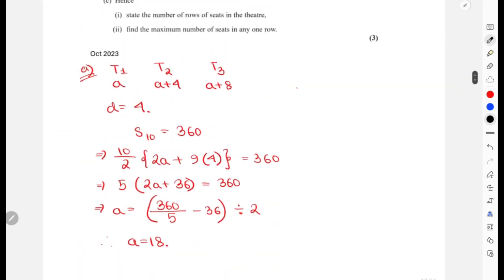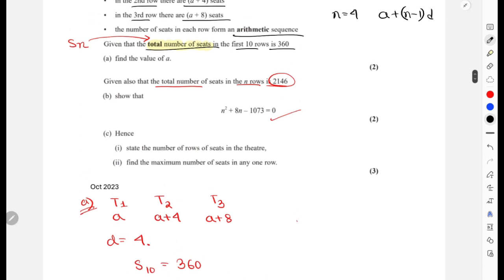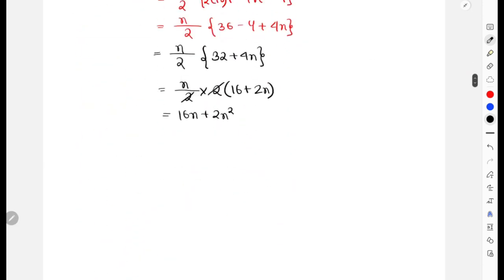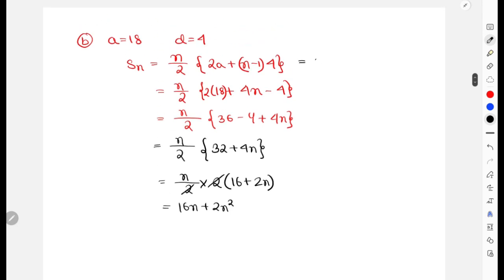Another thing, if you go back to the very top, it was stated the value for this entire expression is going to be 2146. So this entire expression is equal to 2146.